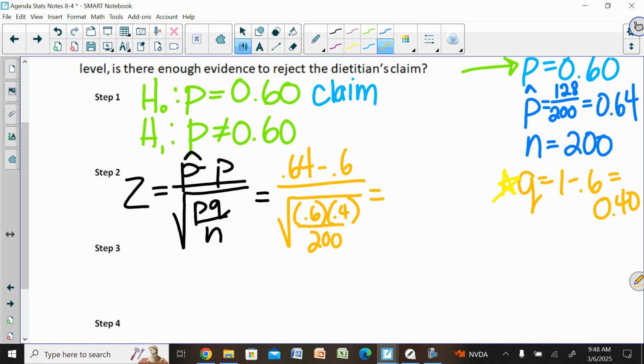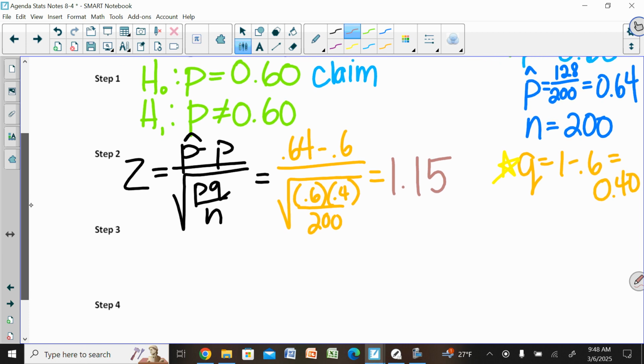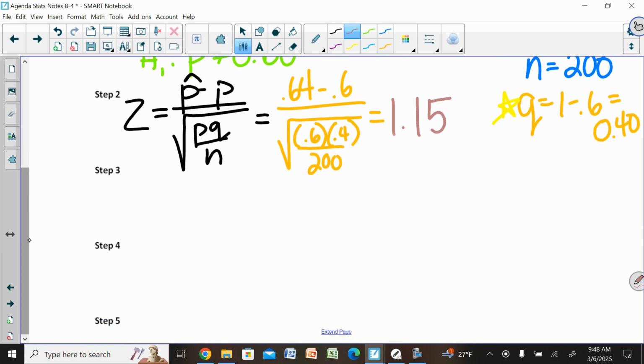Take a pause and calculate this and verify that you end up with a 1.15. Again, sometimes getting the calculator to cooperate is more difficult than setting up the problem. So I end up with a 1.15 for my Z test statistic.